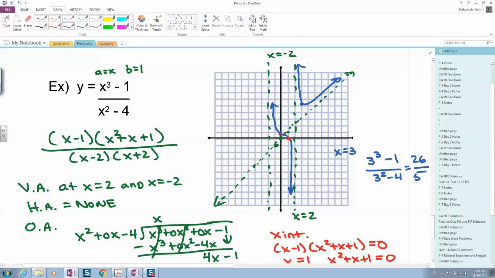And then on this side, if we put in negative 3, so negative 3 cubed minus 1 over negative 3 squared minus 4. So we get negative 27 minus 1, which is negative 28, over 5, which is negative 5 3/5.